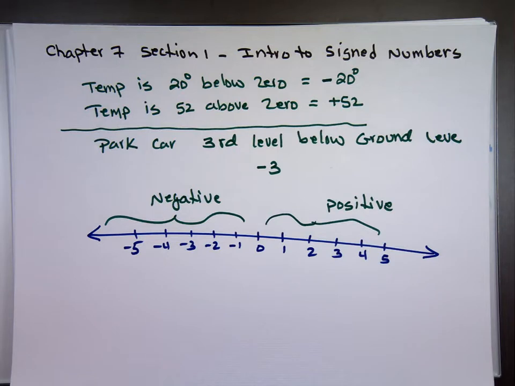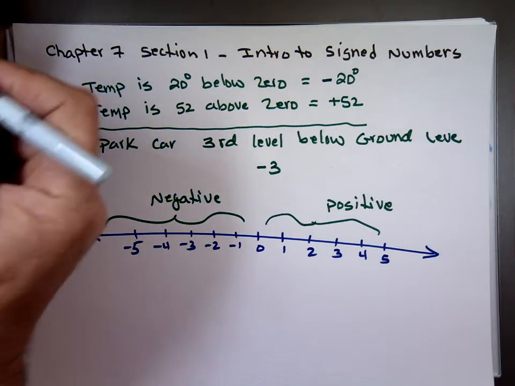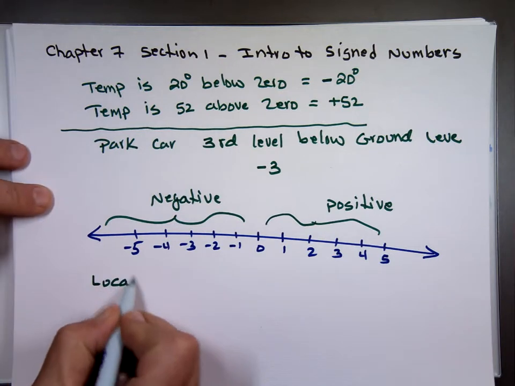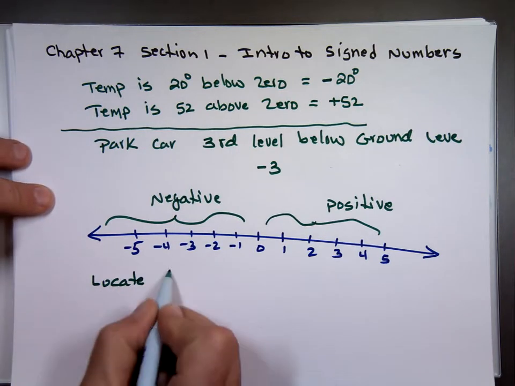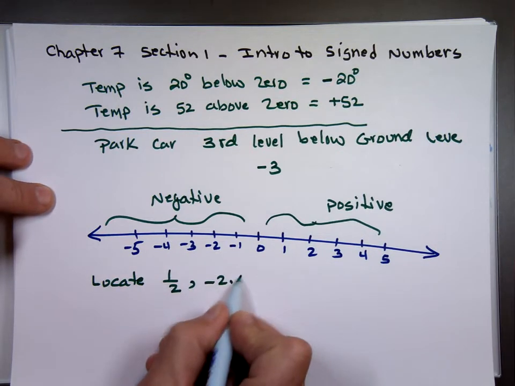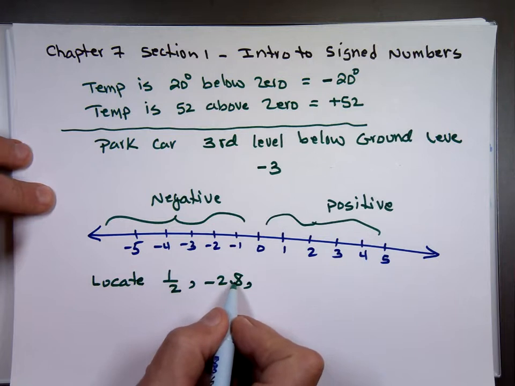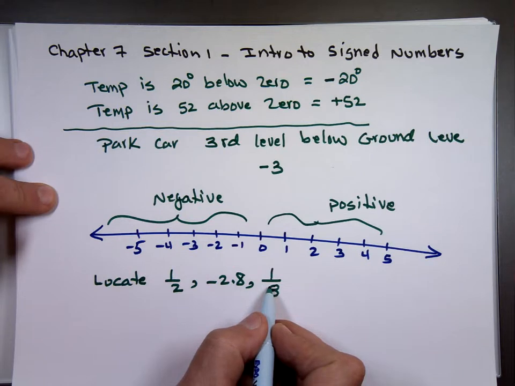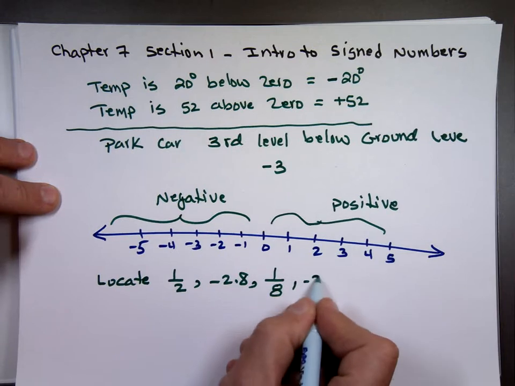So if we ask you on the number line, let's locate some of these numbers. I want you to locate where the 1/2 is, where the negative 2.8 is, where the 1/8 is, where the negative 3.1 is.